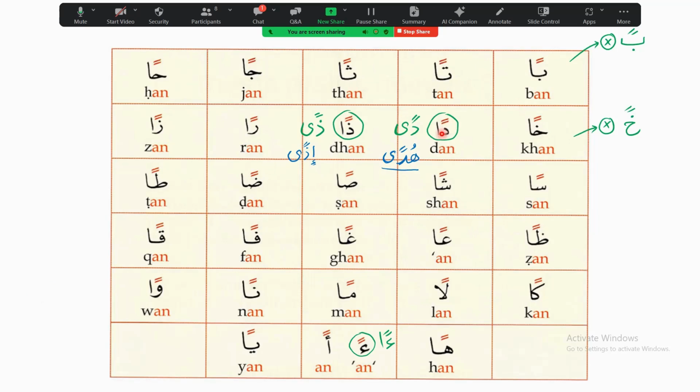So let's move onwards with all of the other letters as well. In these cases, we are obviously going to ignore the ya that is written, just the way we did with the aleph in the above examples. So the aleph and the ya, when they come after this tanween, we just ignore these, and we just articulate the sound of the tanween and say the un sound at the end.